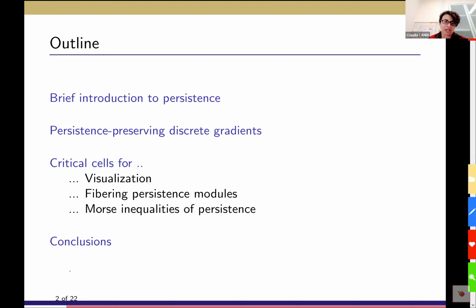And especially, of course, the most important ingredient in discrete gradients are their critical cells. And I'll try to explain why I think that they are useful for visualization purposes, for fibering persistence modules, and to get Morse inequalities of persistence.